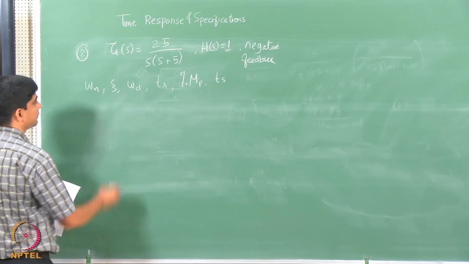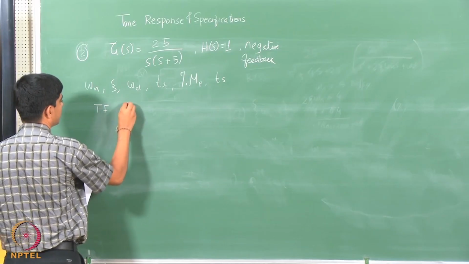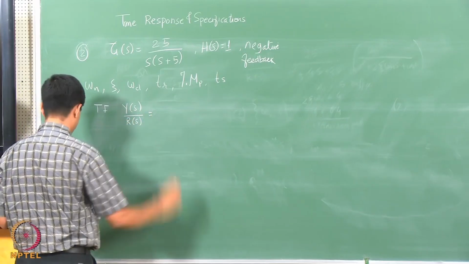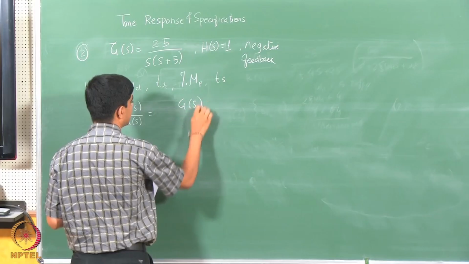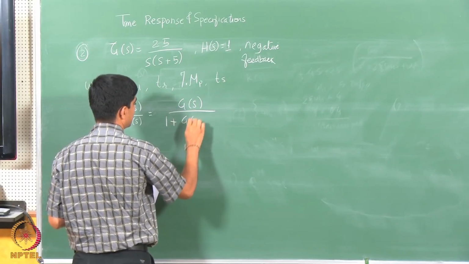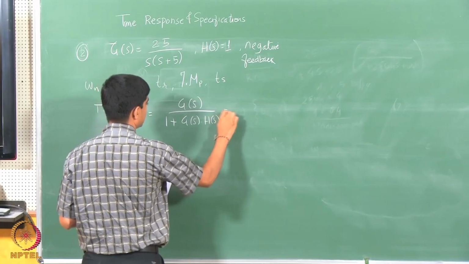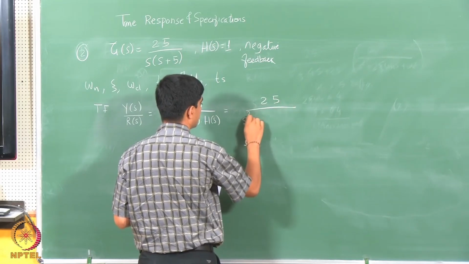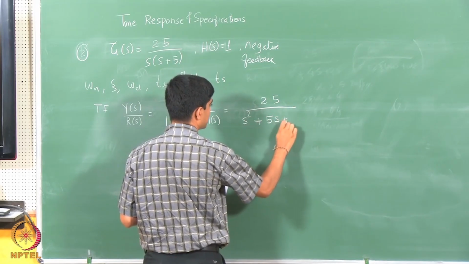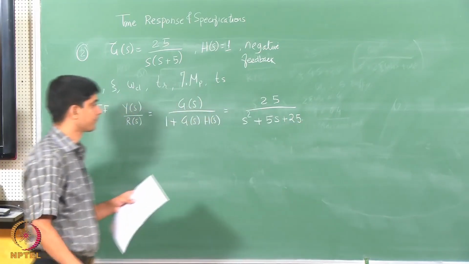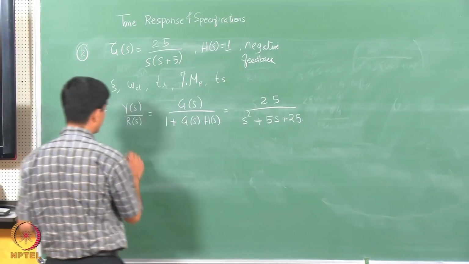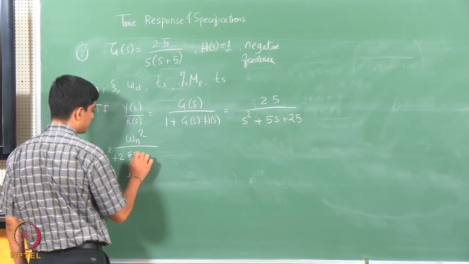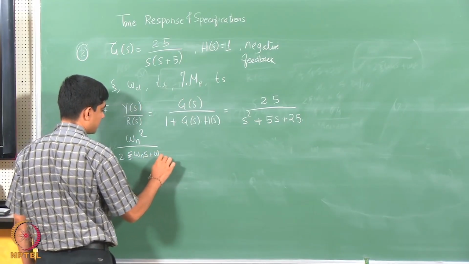Okay, so the transfer function Y(s) to R(s) is G(s) over 1 plus G(s)H(s), that would be 25 over s square plus 5s plus 25. So I just compare this with the general form, omega n square over s square plus 2 zeta omega n s plus omega n square.